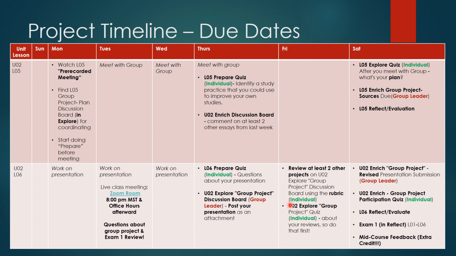And then you will also be doing an Explore quiz, which is individual, but it's going to be about those reviews. So do your reviews of 2 other projects. I would write it down on a separate document and then save your feedback to put into your quiz. You're going to be just pretty much saying, here's what I found that was good and not so good about this other presentation.